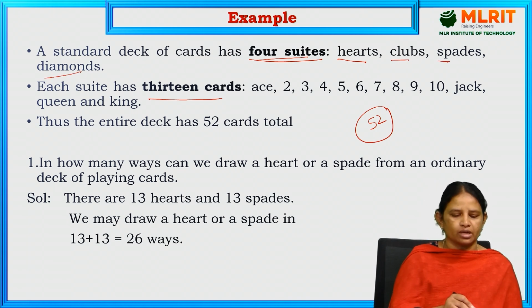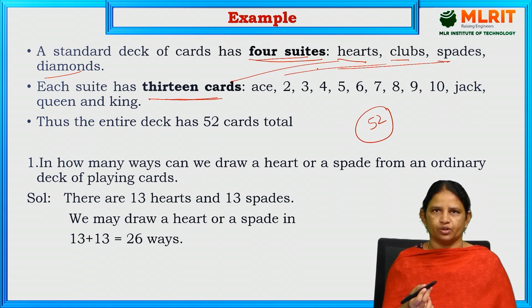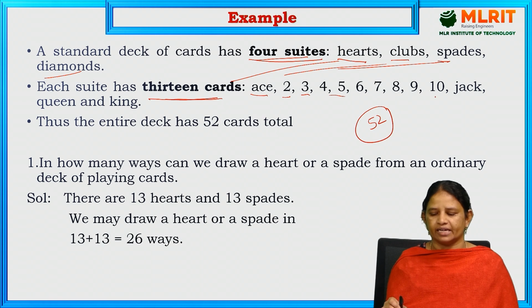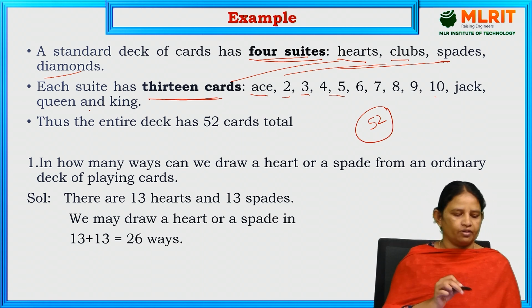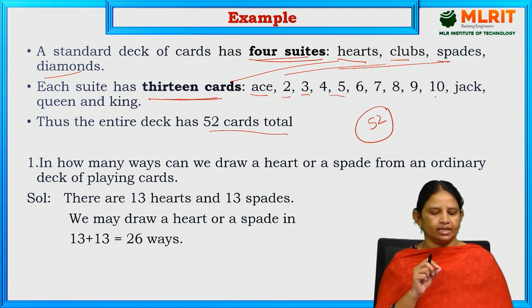Each suit has 13 cards, that means 13 hearts, 13 clubs, 13 spades, 13 diamonds, which is 52. The 13 cards are ace, 2, 3, 4, 5, 6, 7, 8, 9, 10, jack, queen and king.